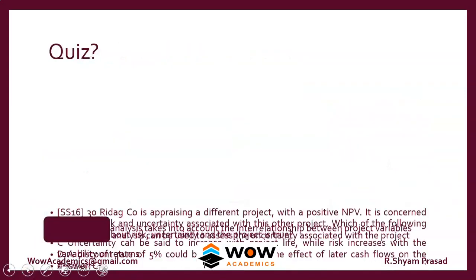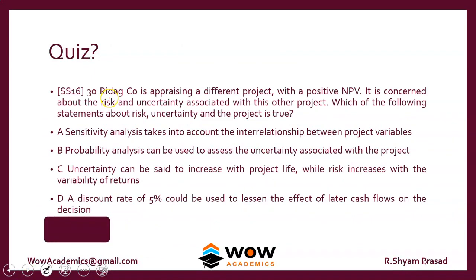So we'll have a quiz. Ridaco is appraising a different project with a positive NPV. It is concerned about the risk and uncertainty associated with this project. Which of the following statements about risk, uncertainty, and the project is true? Sensitivity analysis takes into account the interrelationship between the project variables.